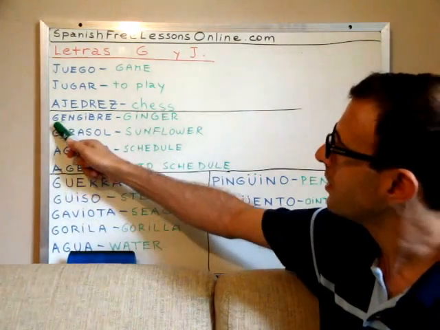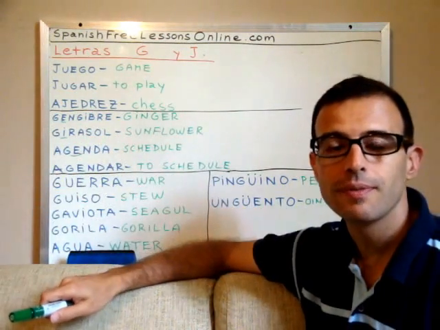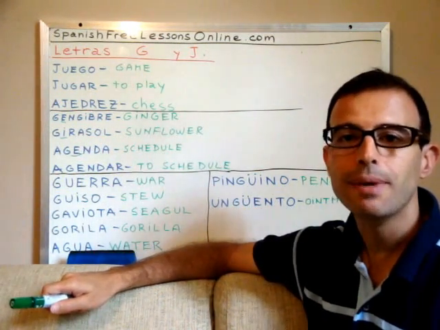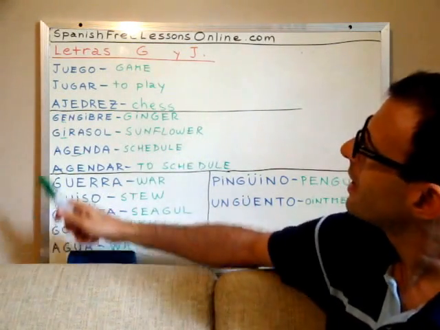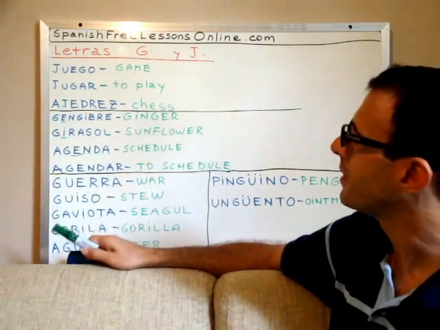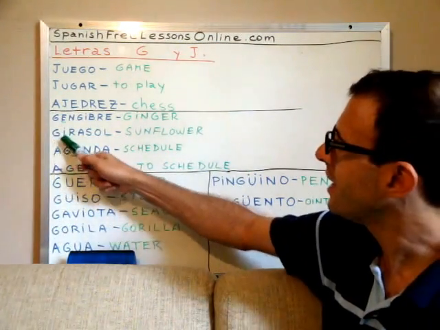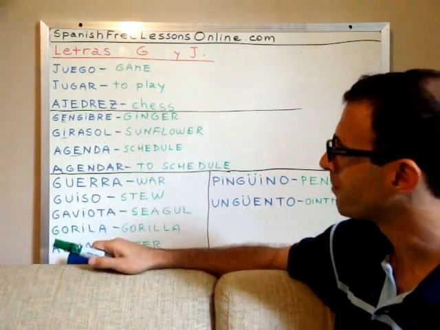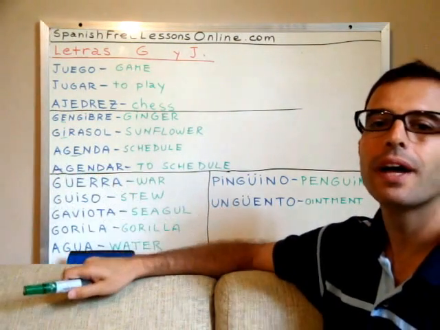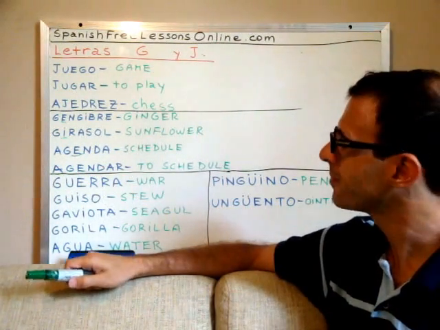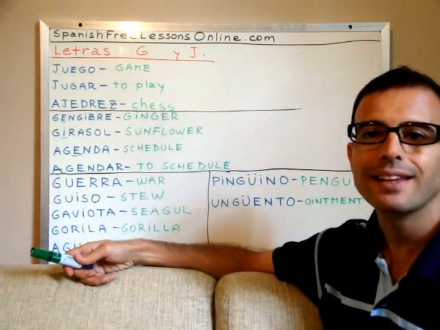You see, here we have the same sound twice with letter G. Jengibre, jengibre. Girasol, this is sunflower. Girasol, girasol. Schedule is agenda, agenda. And to schedule, the verb is agendar.